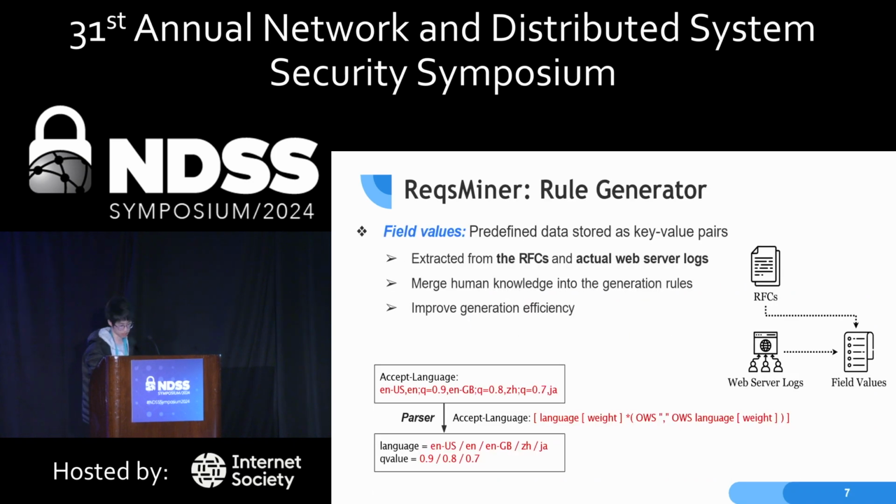Before we start testing, we need to prepare something. So what are field variables? They are predefined data stored as key-value pairs. We can get them from the RFCs and actual web server logs, and they merge human knowledge into the general rules to improve generation efficiency.